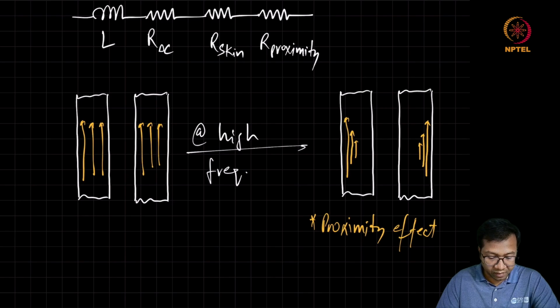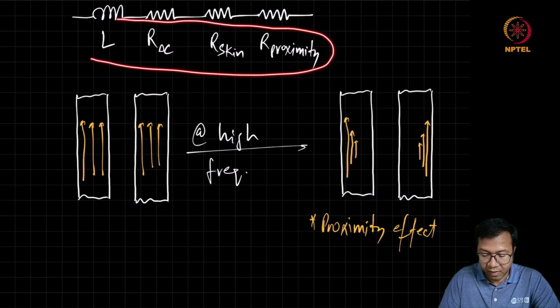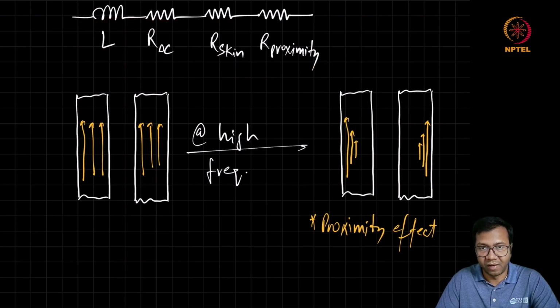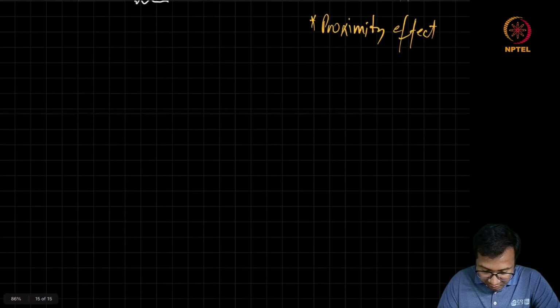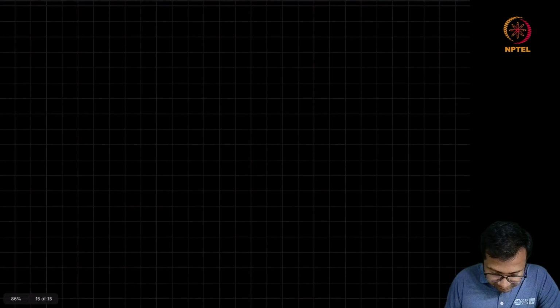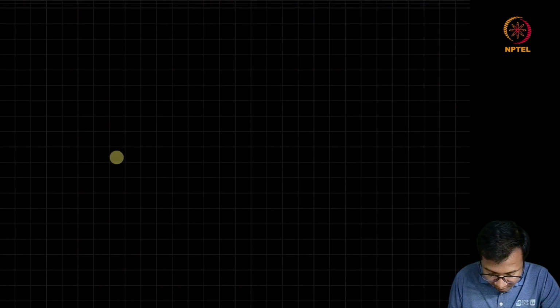So as the frequency increases, these two resistances will start increasing, and the net result is the quality factor of the inductor drops as frequency increases. In addition to this effect due to the magnetic coupling of the currents, there is also capacitive coupling. So let's say I have a multi-turn inductor.